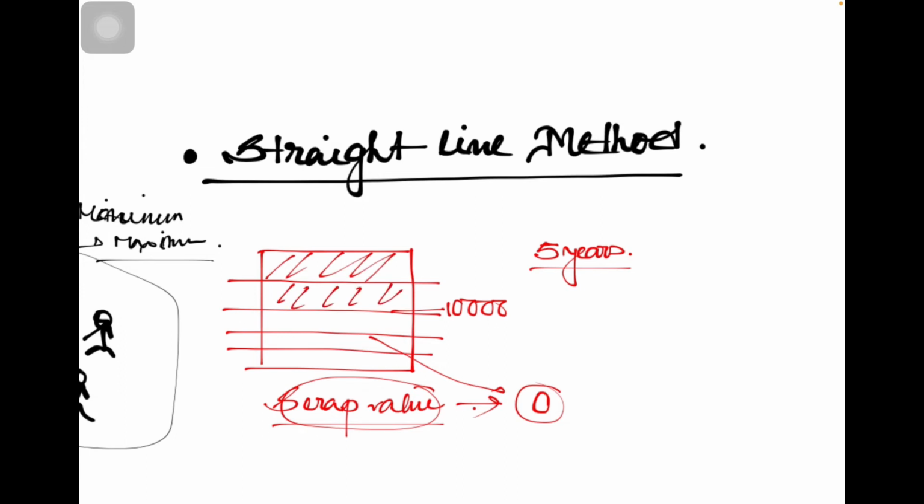Suppose after first year 2000 rupees decrease, after second year again 2000, then again 2000, then again 2000, and then again 2000, finally it becomes 0.